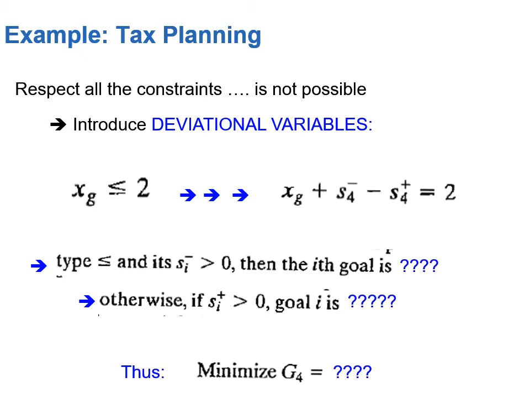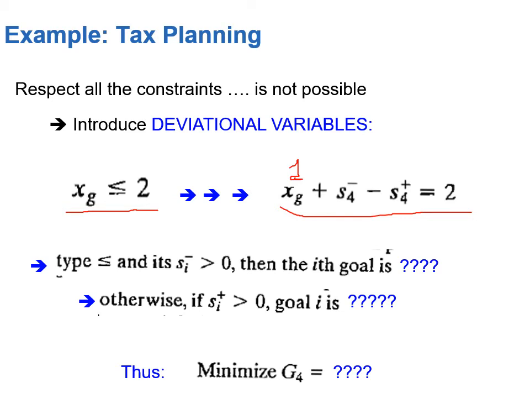Now let's have a closer look at the fourth constraint, which is this one. By including these deviational variables, we converted that constraint into this form, right? So now assume that in our solution, this xg appeared to be 1, in the optimal solution.